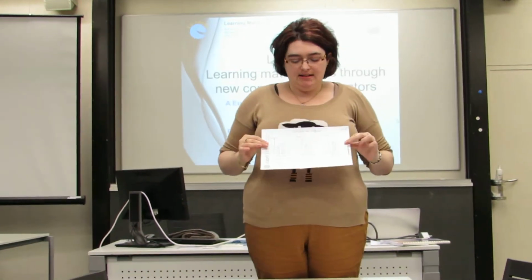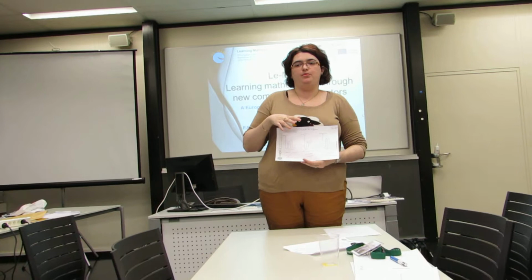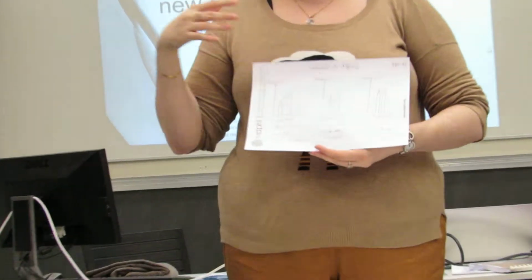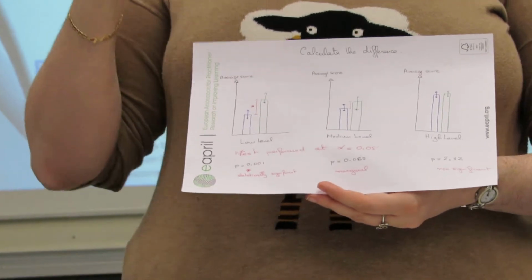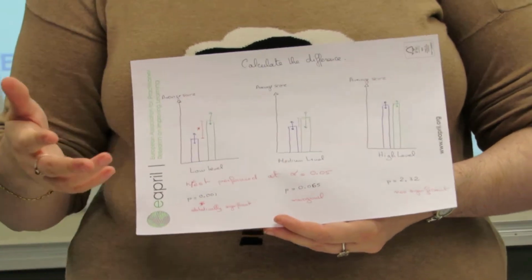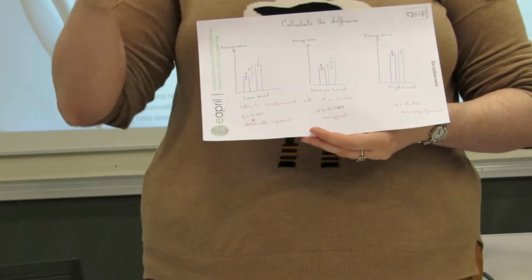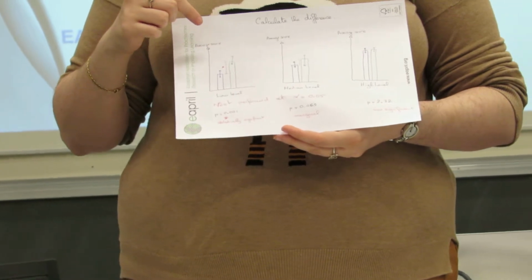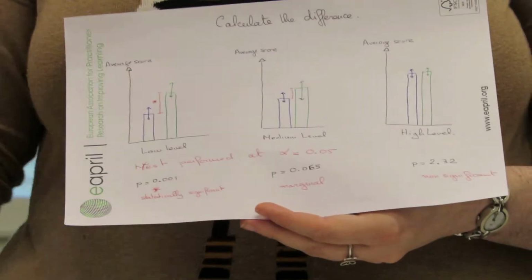What we are interested in is to see if they have learned better with one group, with the teacher, or with actually using the software. So we're going to put an average of how good they were doing on the test according to their level of ability, and we're going to see if there's a big difference from the control group to the experimental group.